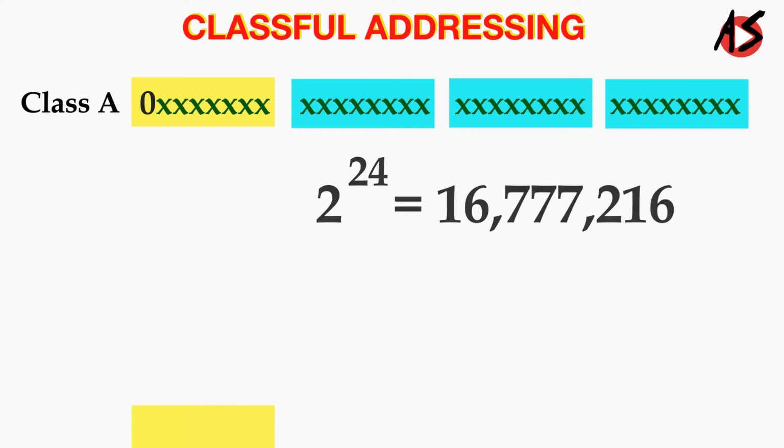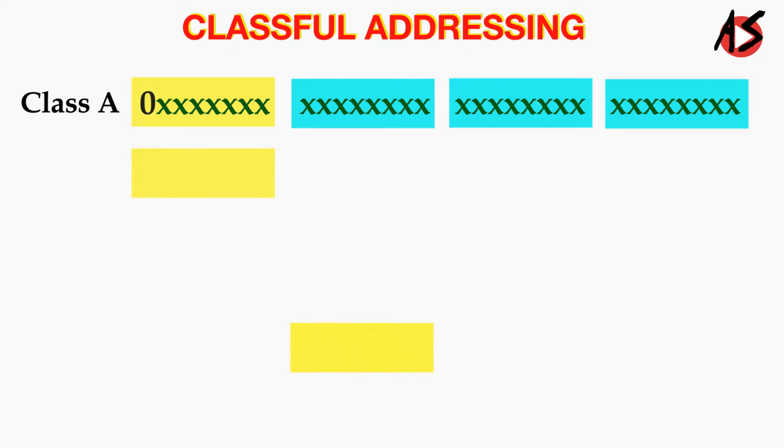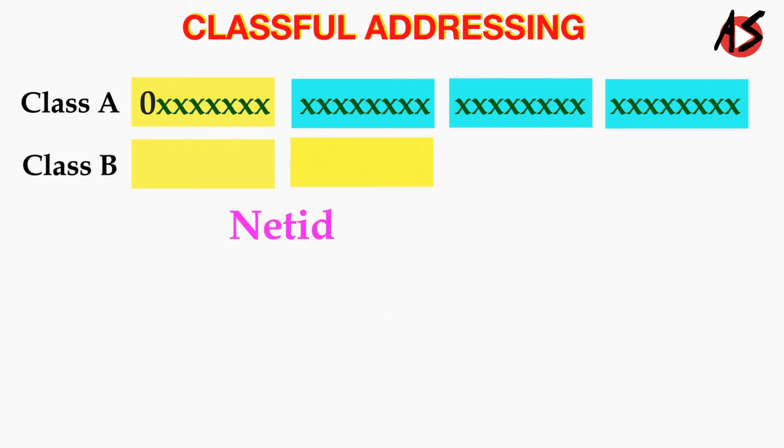Since 2 bytes in class B define the net ID, the 2 leftmost bits should be 10. The next 14 bits can be changed to find the number of blocks in this class.